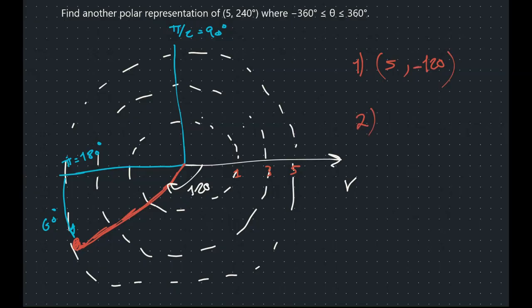And the second idea is changing the sign of r itself. So instead of putting 5, we will put negative 5. And to actually get negative 5, we will go all the way here, where we have a magnitude of 5 and some angle. What is this angle going to be?